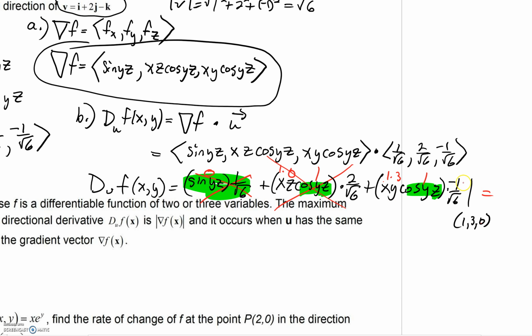Don't forget, you also have this negative 1 over root 6 to multiply out there. So despite having a frightening length for that whole directional derivative in general, once you substitute that point in, the first expression and the second expression cancel out with zeros multiplied out. It really works out pretty quickly.